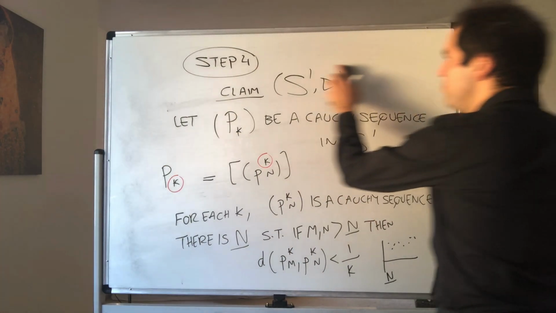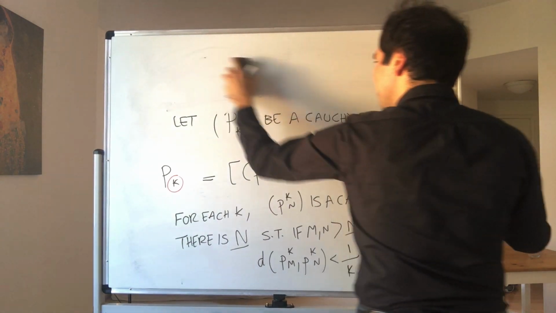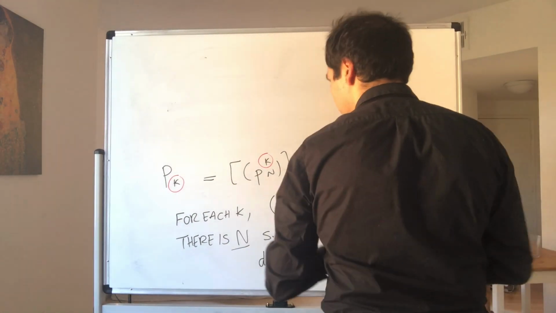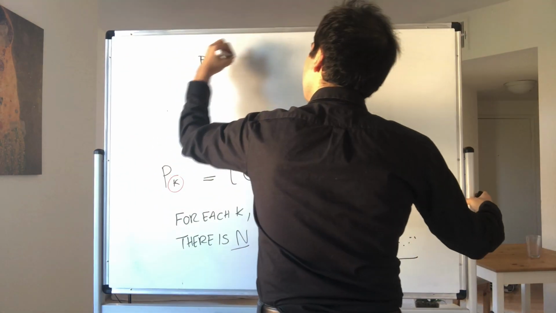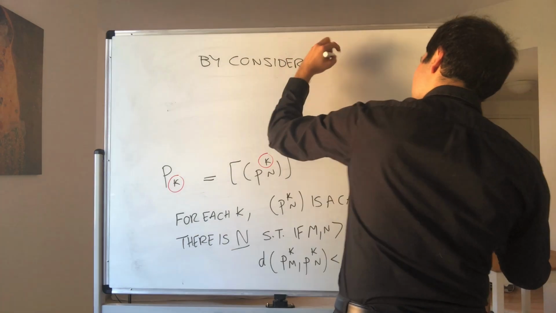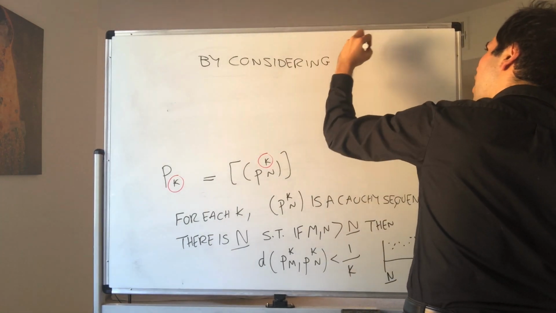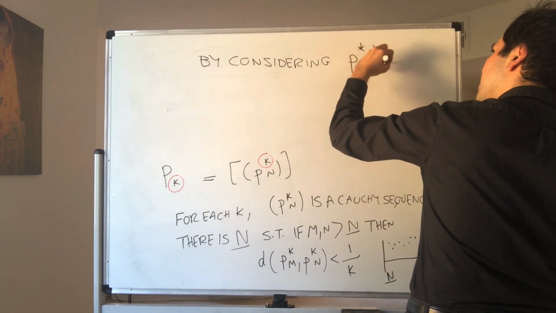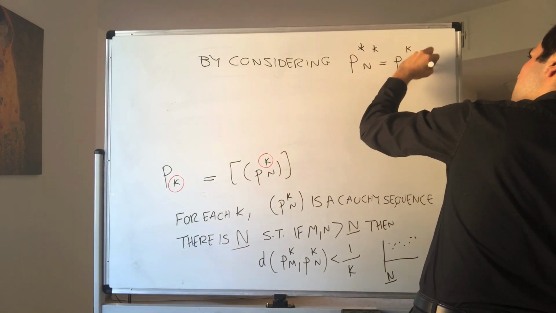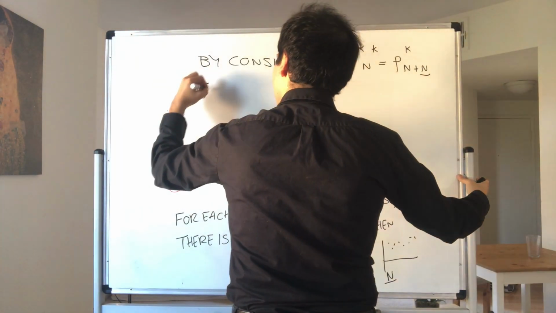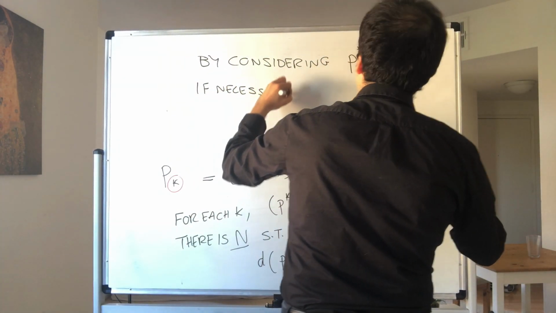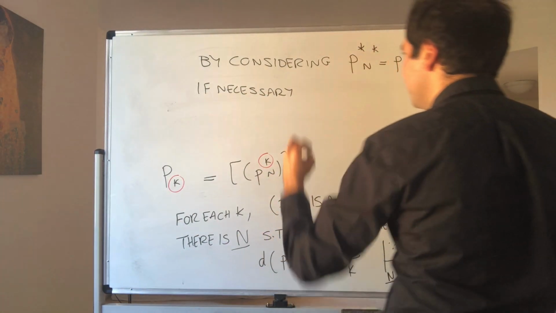If you want to be picky, otherwise we can consider the following sequence, P star kn, which is just P_k but starts at capital N if necessary, and you can show it's Cauchy.